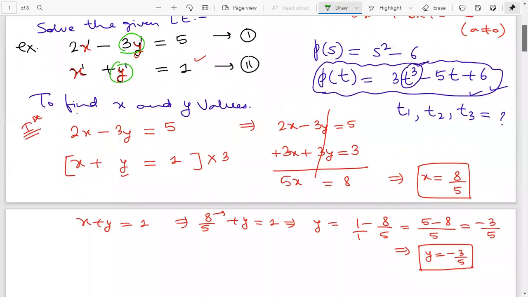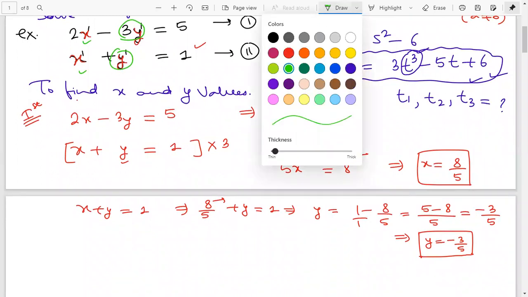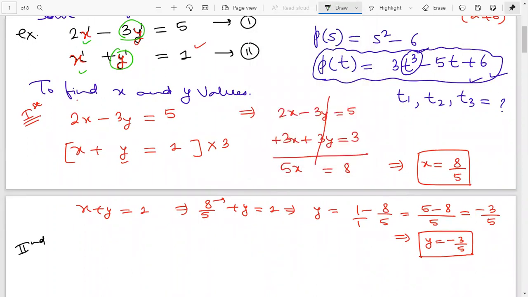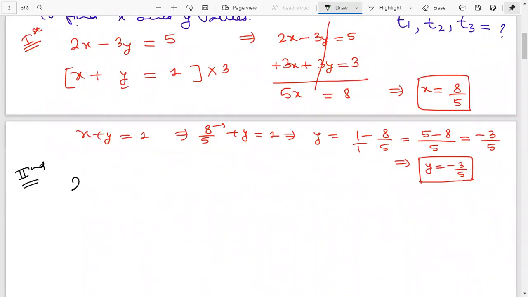Suppose now some student says, no, I want to equate x. So that also we can see here. Second possibility of solving: 2x minus 3y equal to 5 is the one equation, and the second one is x plus y equal to 1.